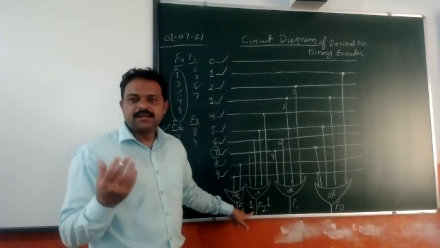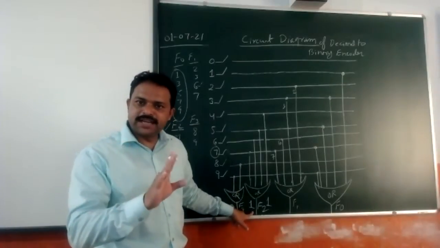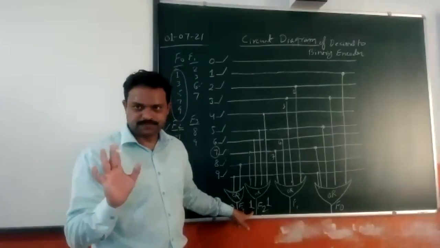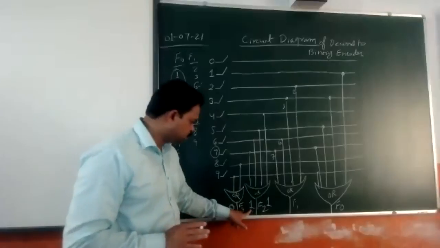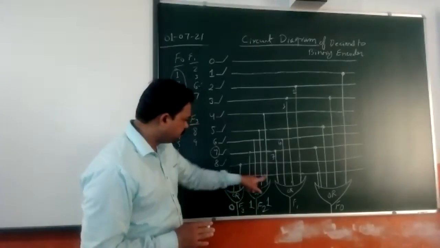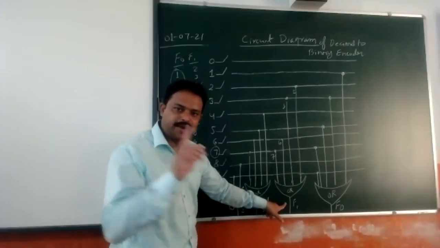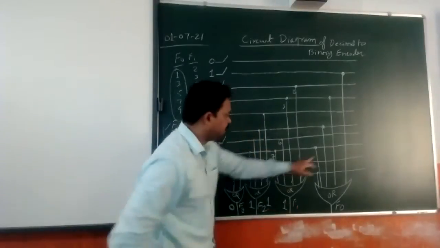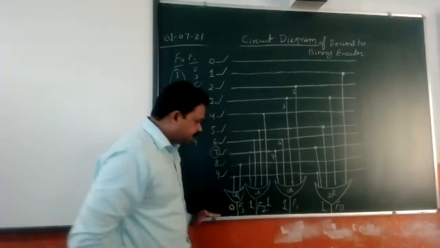So we know that in computer language, signal means 1, no signal means 0. So 1 you will get here. F1 is also connected, so here also you will get signal 1. So what is the conclusion?